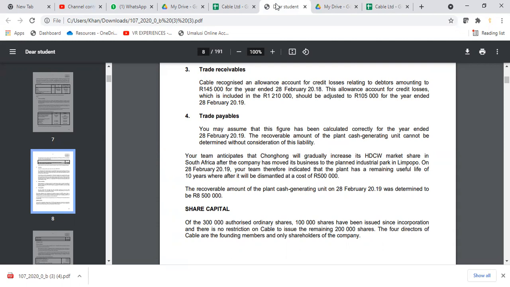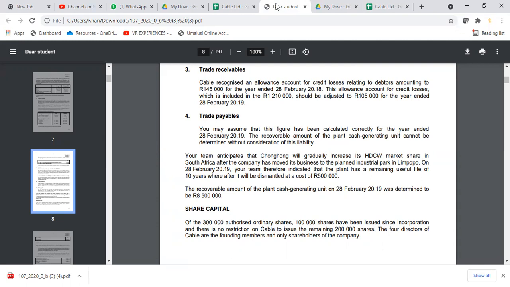On 28 February 2019, your team therefore indicated that the plant has a remaining useful life of 10 years, whereafter it will be dismantled at a cost of 500,000 Rand.